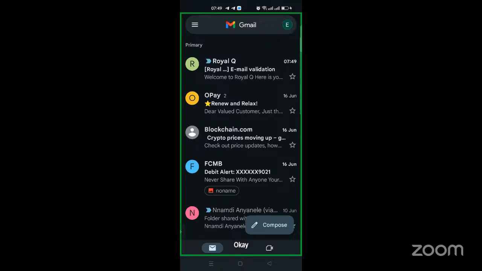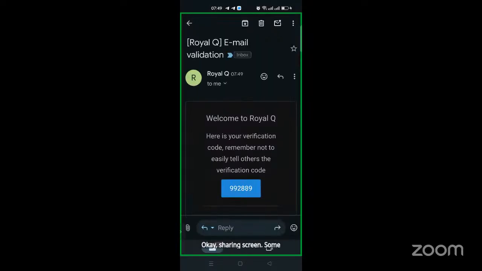Okay, sharing screen. My Binance has no features. You have not enabled it.